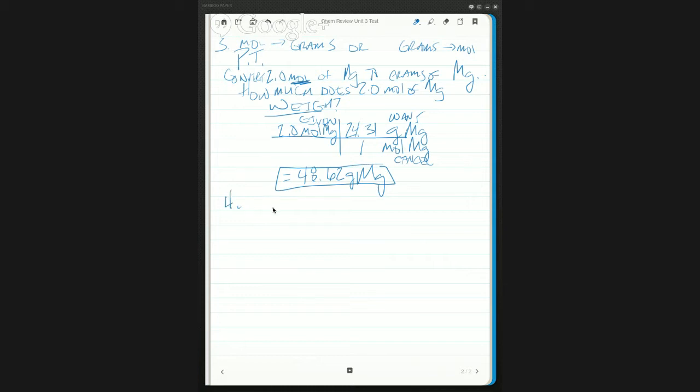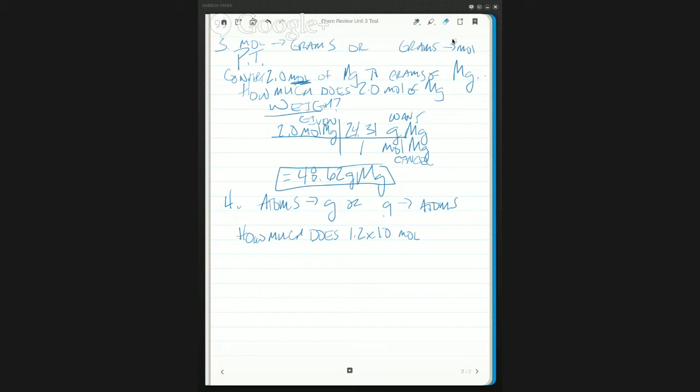So number 4. This one is atoms to grams or grams to atoms. All right. So if I give a question like, how much does 1.2 times 10 to the 24th molecules of fluorine gas weigh? The handwriting is so bad, you can't even tell what that says.